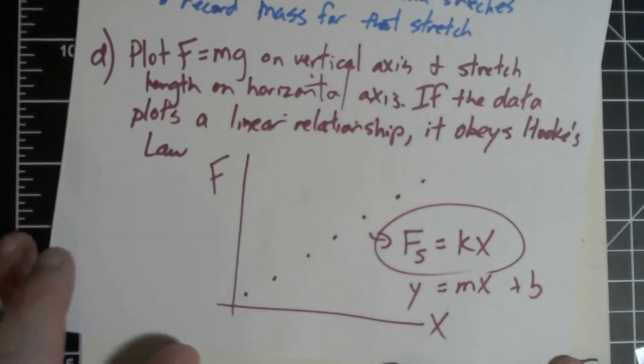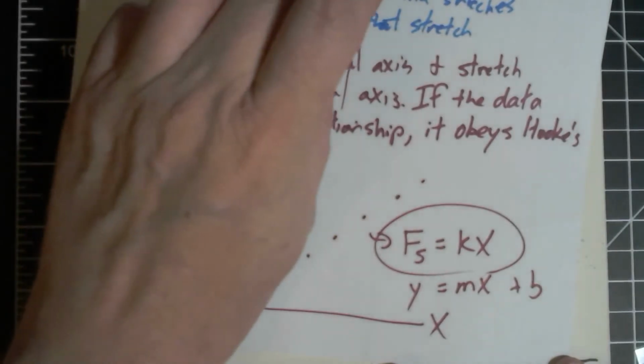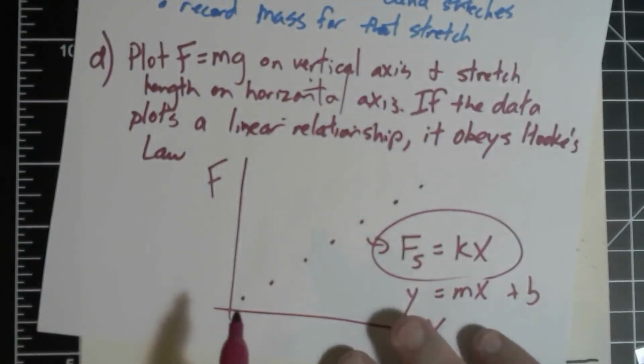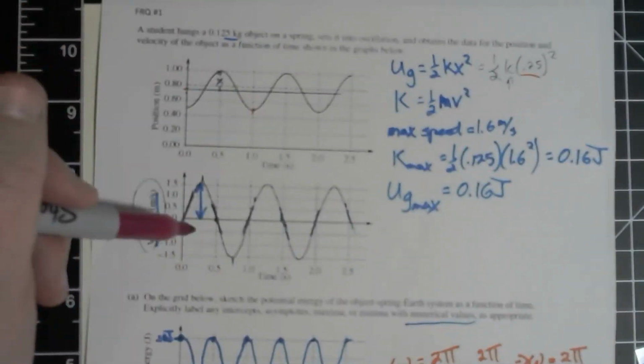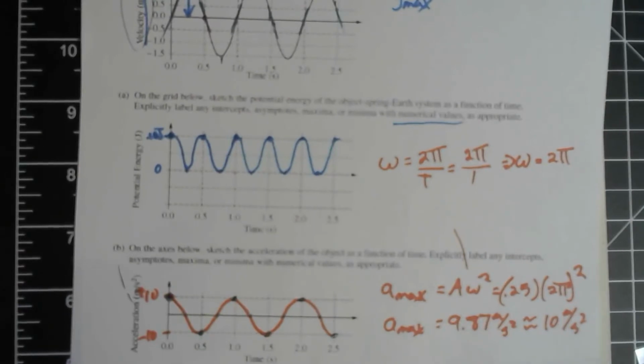Now part E does say, using the original graph for position versus time, determine the position, velocity, and acceleration functions for the object. So we go back to this and determine what my functions are.